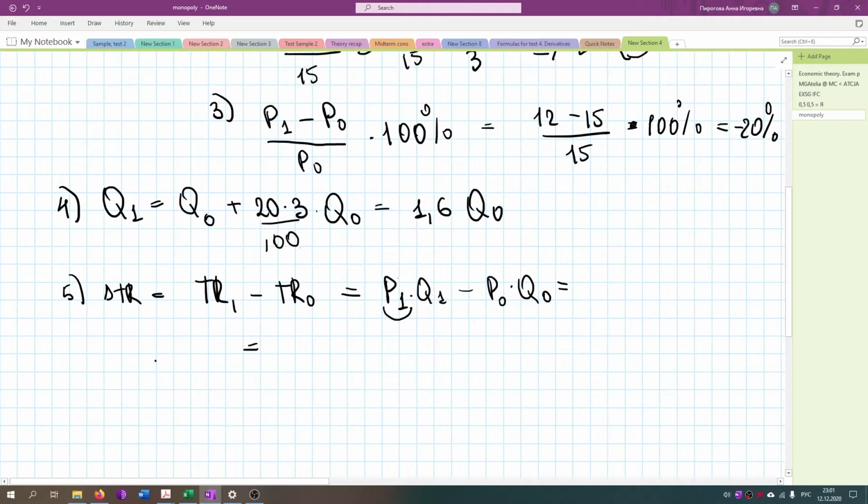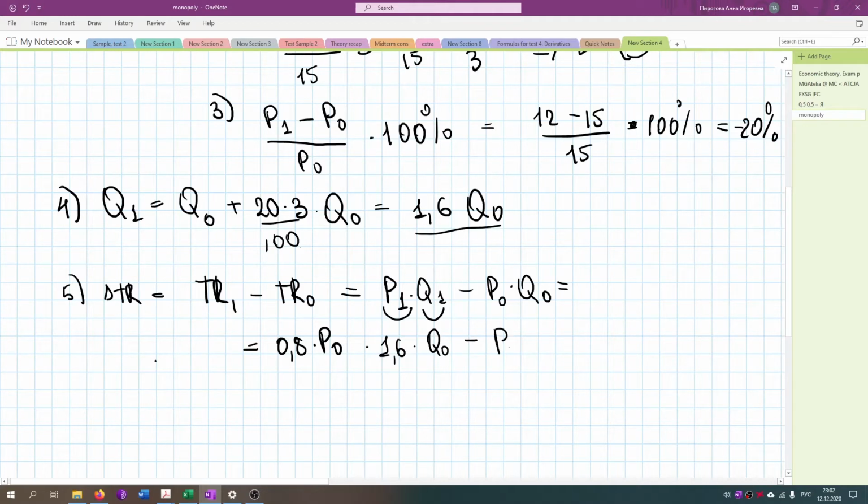So we know that price 1 is lower than price 0 by 20%, so we take 80% of the price 0, multiplied by our quantity, and we express our new quantity in terms of the old one, and it is 1.6 multiplied by Q0.